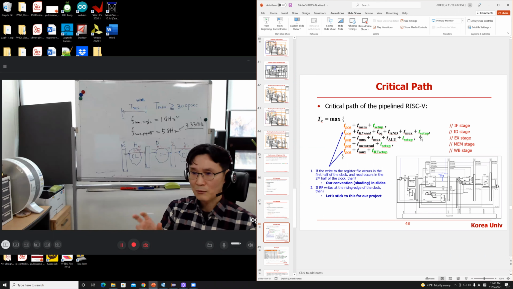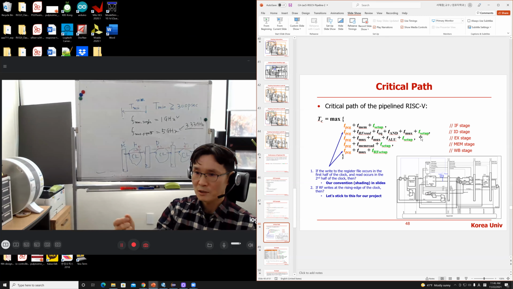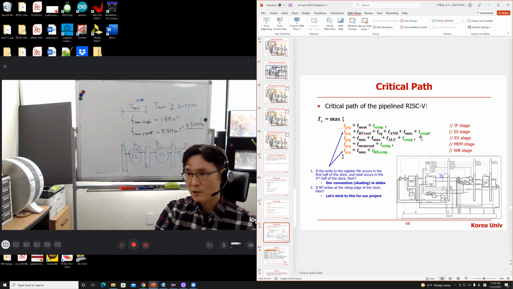Then after that, we jumped into CPU design, right? How to design digital logic so that digital logic can execute the machine code. We studied two different microarchitectures. The first one, single cycle CPU. Second is pipeline CPU.